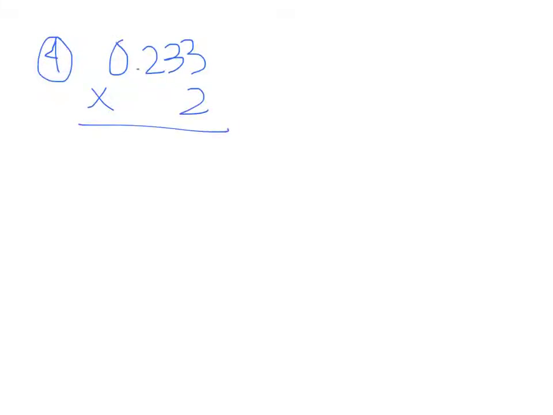Okay, let's do a couple together. So let's do number 4. Problem number 4 asks us to multiply 0.233 times 2. So we're going to do 3 times 2, which is 6. 3 times 2? 2 times 2? 4.